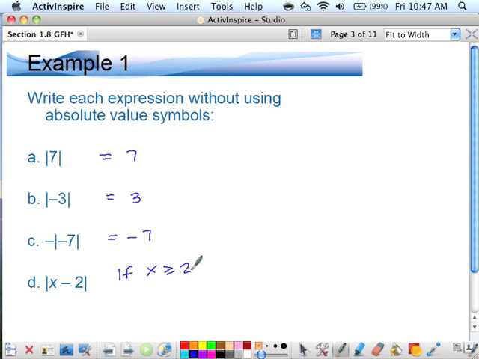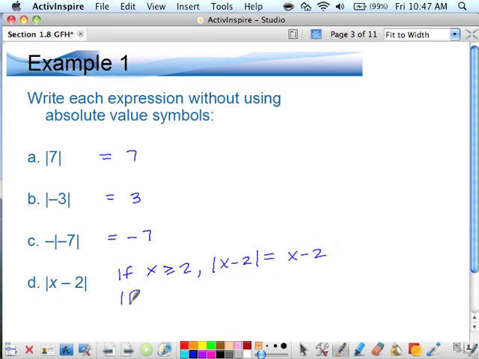Let's say if I put 5 in there. It would be positive, and it would stay itself, right? So if x is greater than or equal to 2, the inside of the absolute value will be positive, and we say that the absolute value of x minus 2 will just equal what's inside there.